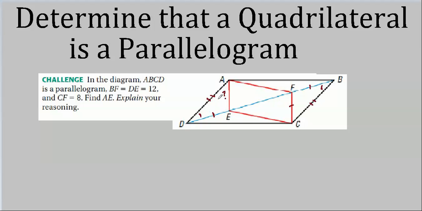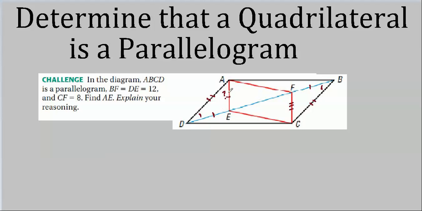Now all we have to do is match up the corresponding parts, because corresponding parts of congruent triangles are congruent. Well, this side corresponds to this side corresponds to this side over here. Well, there's only one side left. This side corresponds to this side. And I made one mistake here. I hope only one.